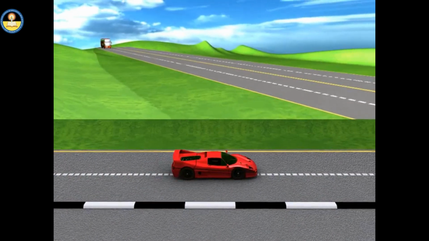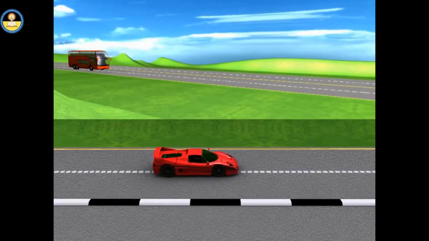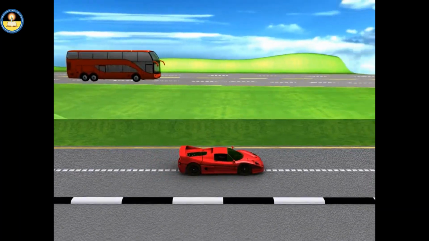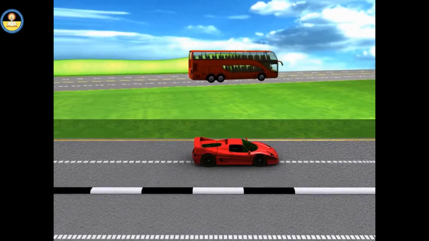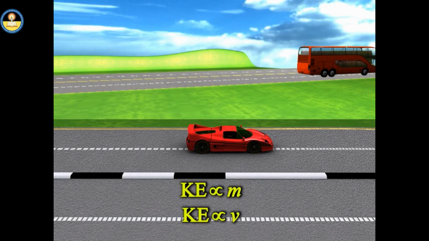It has been observed that a massive fast-moving body has more kinetic energy than a light and slow-moving body. That is, the kinetic energy is related to the mass as well as the velocity of the body.